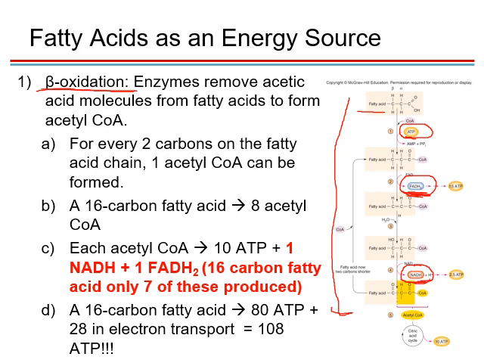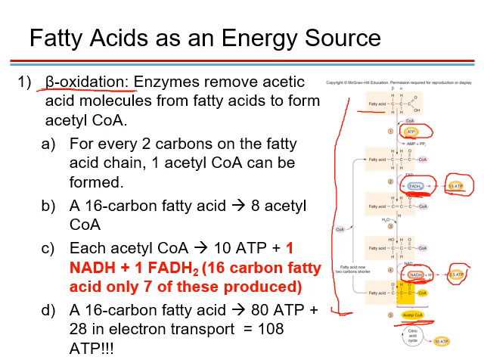So each time we create an acetyl-CoA from a fatty acid chain, remember, if we took the electrons from FAD to the electron transport chain, we would get 1.5 ATP. If we took NAD's electrons to the electron transport chain, those can be converted to 2.5 ATP.